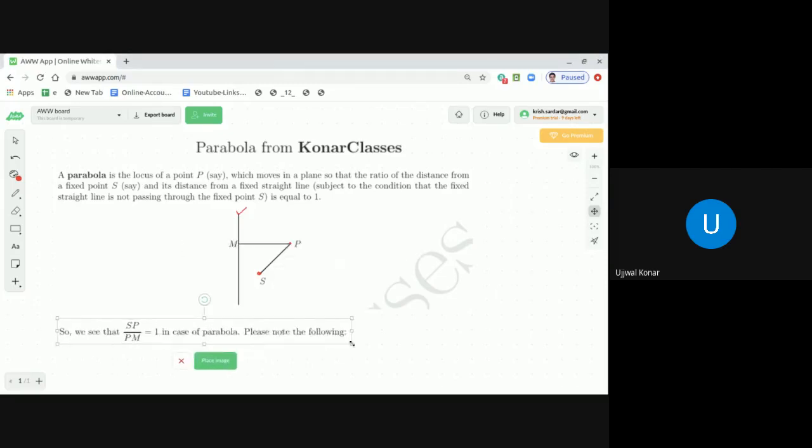This is the condition to be satisfied to say that the locus of the point P, that means the curve traced by the point P, is a parabola. Correct, dear students?